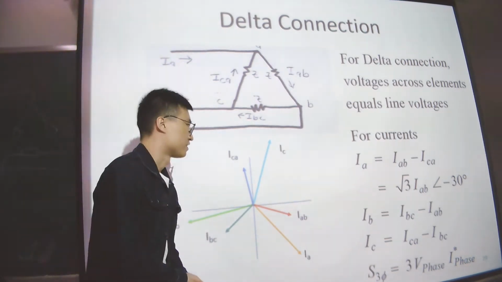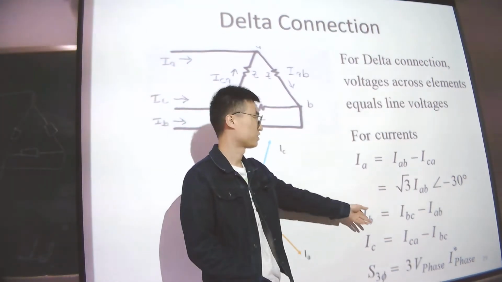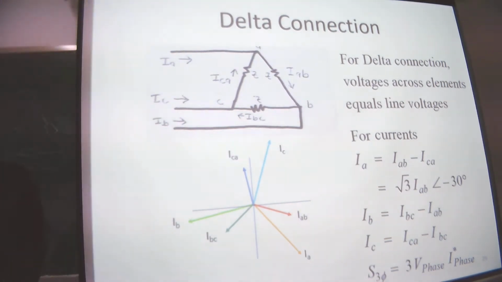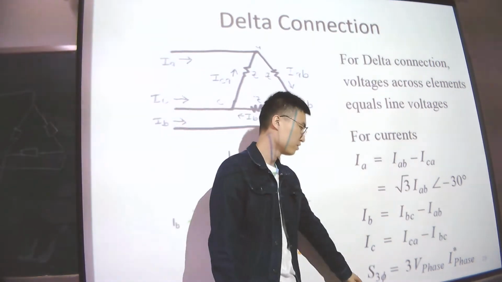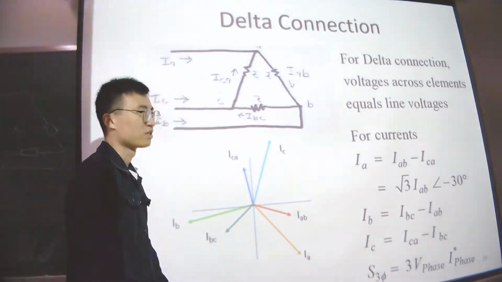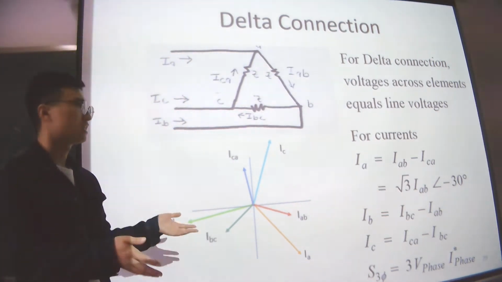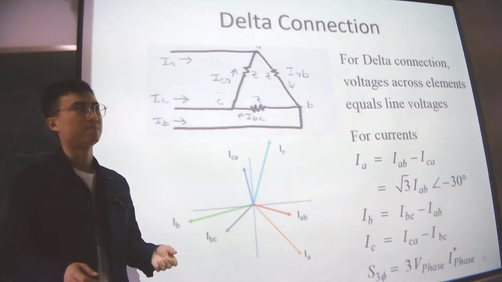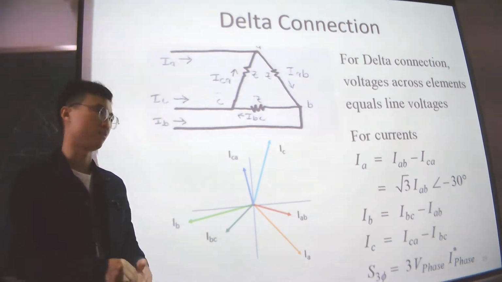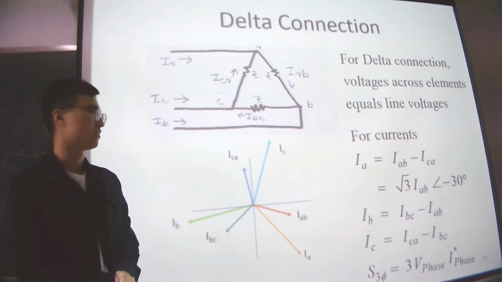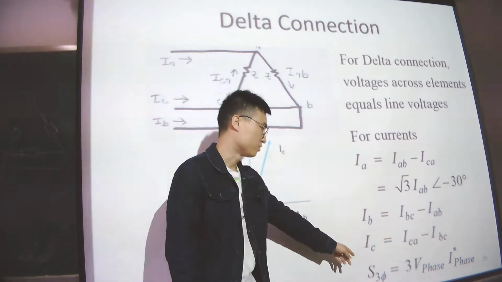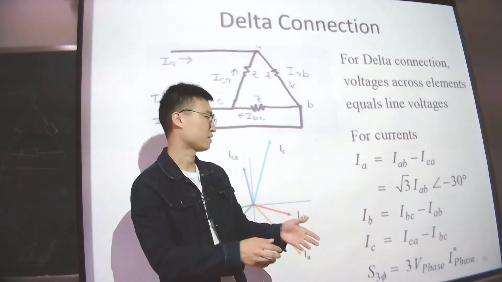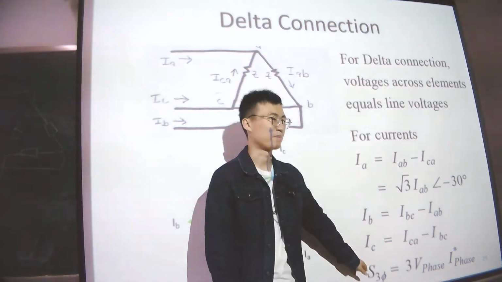The power of phases A, B, C is calculated in the same way. For the total complex power in all three-phase systems, no matter if it's balanced or unbalanced, Y connection or delta connection or some other connection, you just take the power of the three phases and add them together, and you get the total complex power of the whole system.